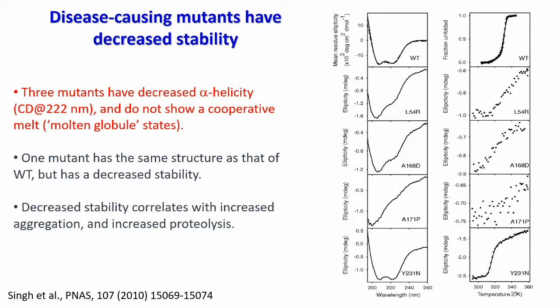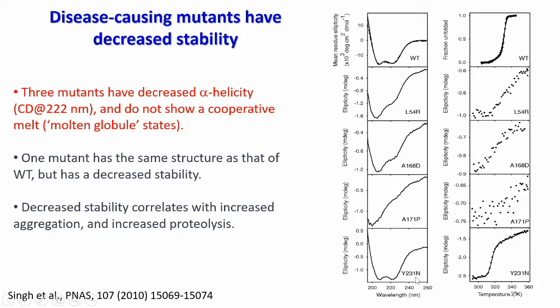So this mutant is still alpha helical, but the other three mutants are significantly not alpha helical, more towards random coil. This is because these three mutants are part of longer alpha helices, whereas this mutant is not part of an alpha helix when we look at the structure of dystrophin. And when we measure the protein stability using thermal melts, the wild type unfolds in a cooperative sigmoidal fashion, whereas for the other three mutants, L54R, A168D, A171P, you don't see any cooperative melt, again reconfirming the molten globule nature of these mutated proteins.